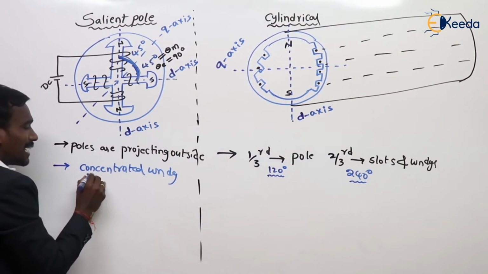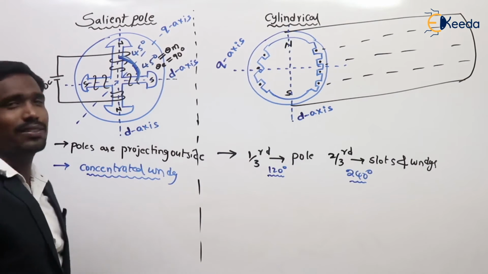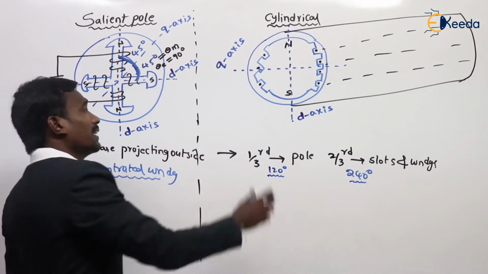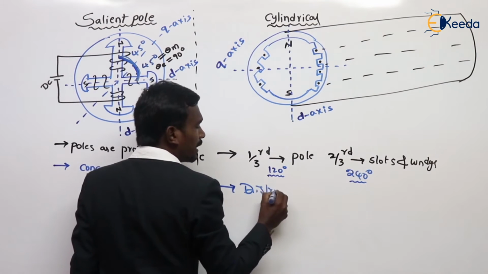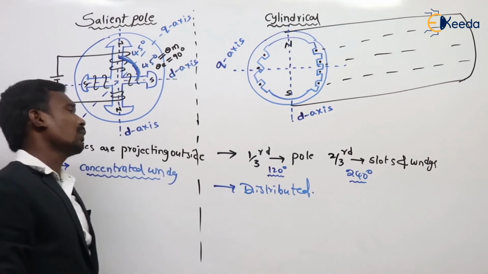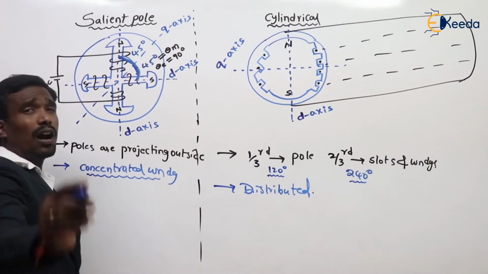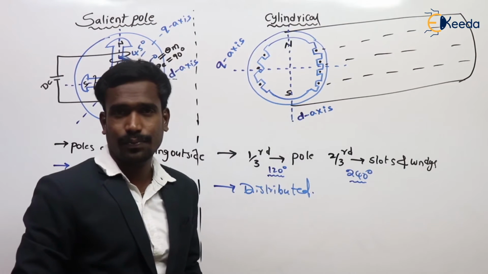So in a transformer and in a salient pole machine we use concentrated winding. But here we use distributed winding. This is a distributed winding, but this is a concentrated winding. Remember this one, very important.